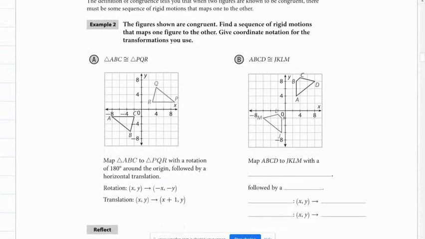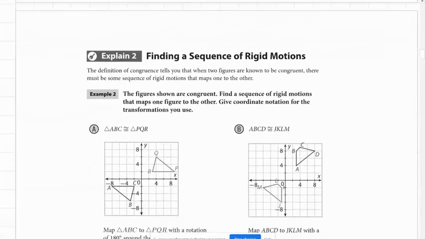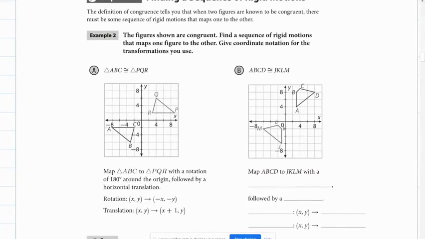And so here in example A on page 129, we see that we can do a 180-degree rotation about the origin that would move the figure to here, and then we need to slide the figure to the right by 1 unit.